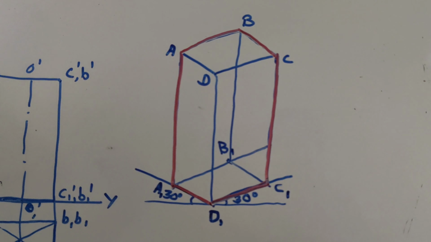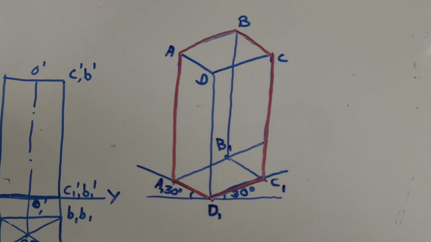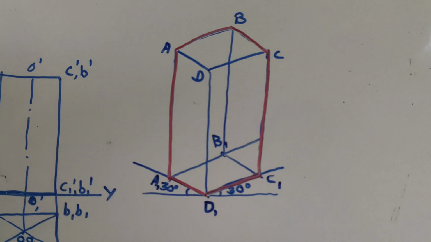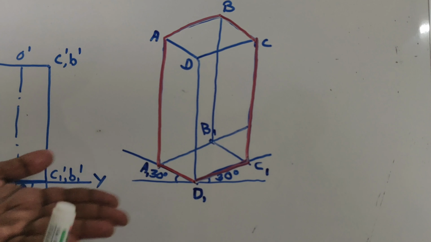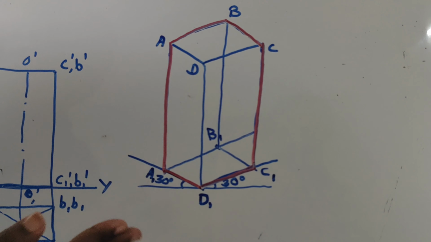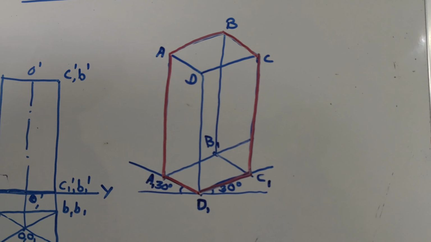Now, what are the other portions visible? This is actually lifted in an upward direction, so definitely this face is nearer to the observer. This is at the bottom portion or at the base itself, so you cannot see this particular base.